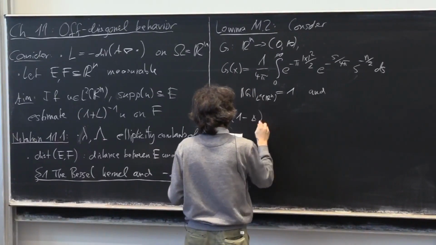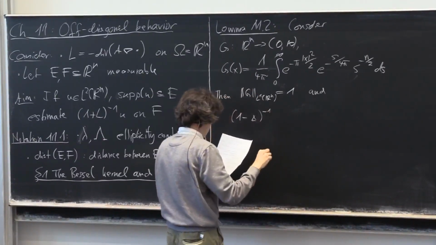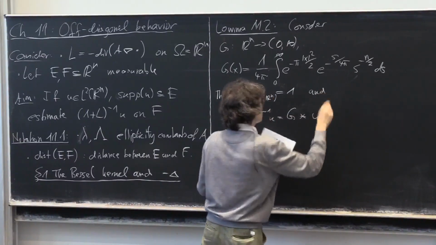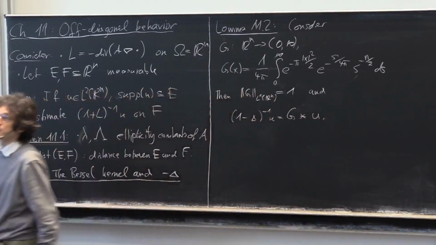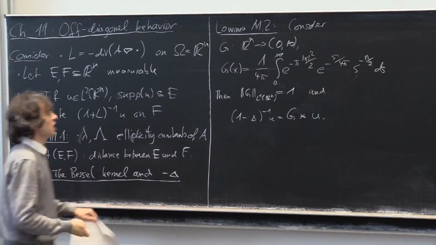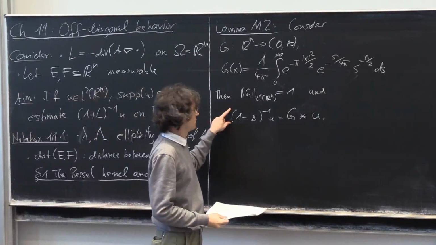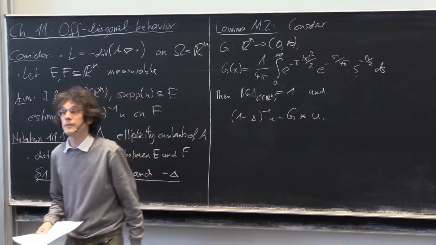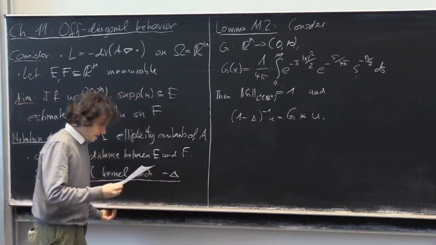So if you apply 1 minus Laplace to the minus 1 to u, this is just convolving u with this particular function g. So this is an explicit formula for how to calculate the resolvent. You just have to convolve with this function.